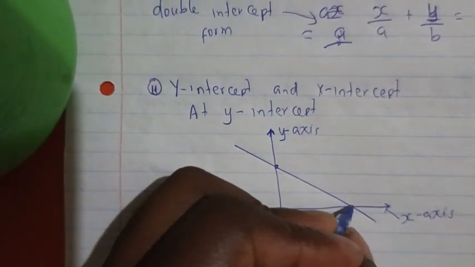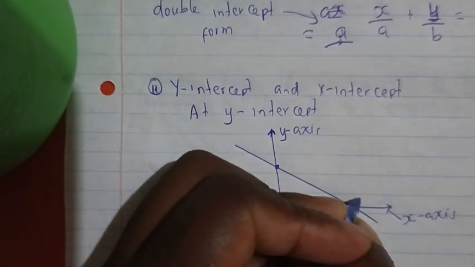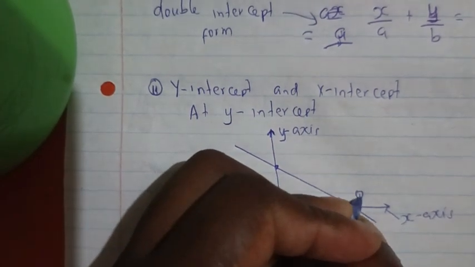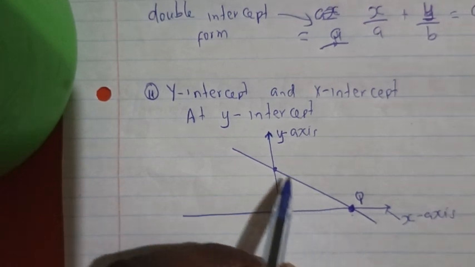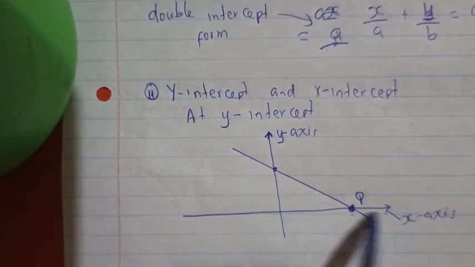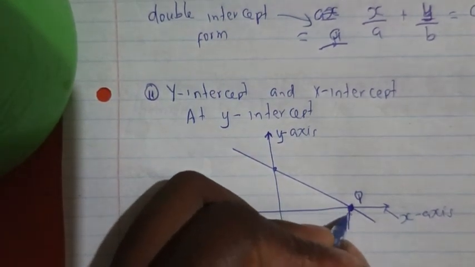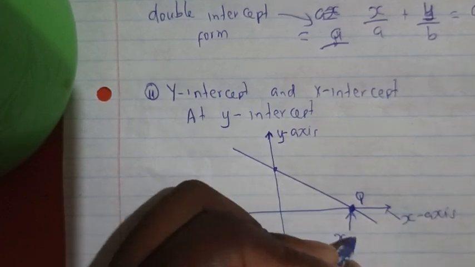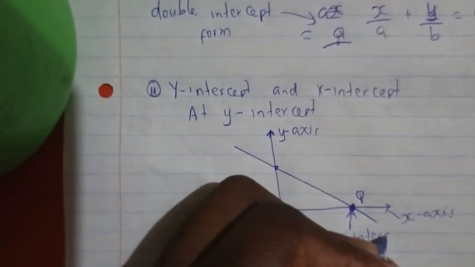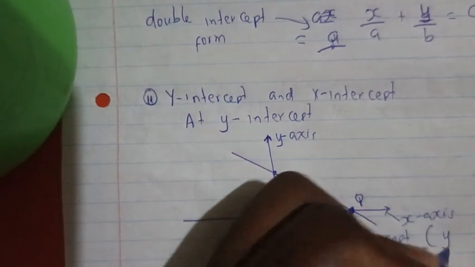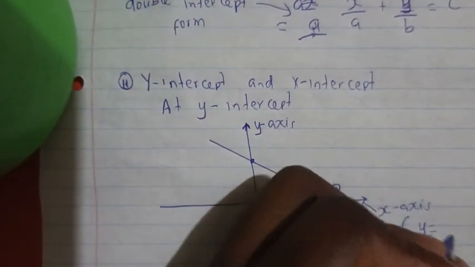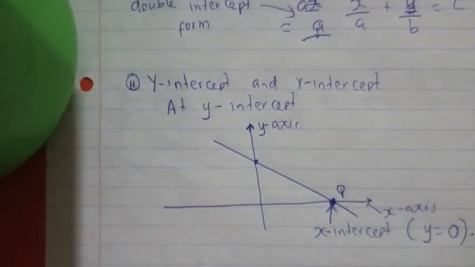A point, say Q, where the line cuts the x-axis is what we call the x-intercept. And at this point, the value of y is equal to 0.